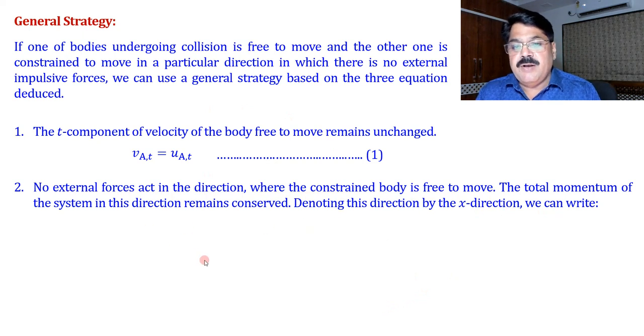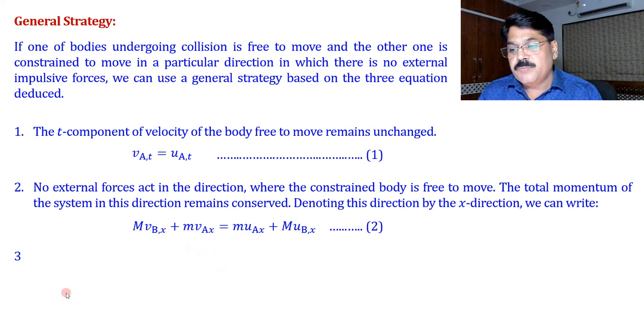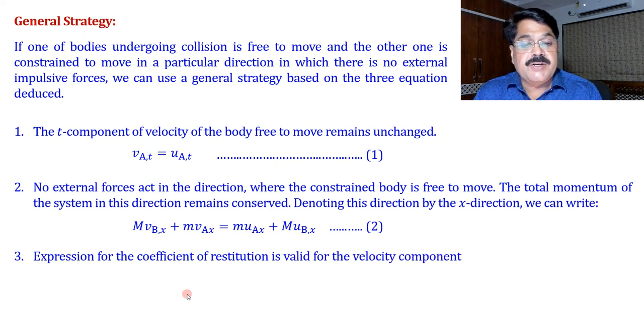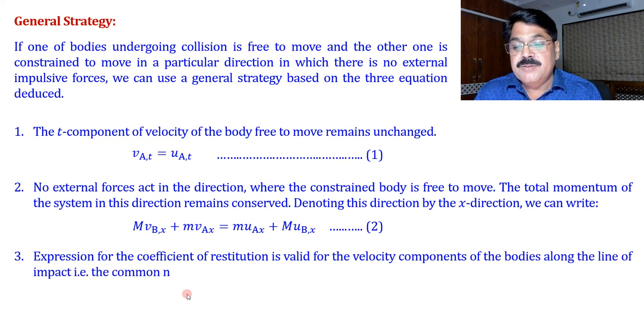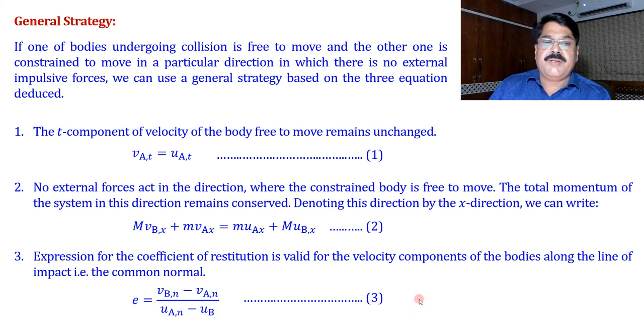In this direction, we write conservation of momentum: M VBx plus small m Vx is equal to small m Ux plus capital M UBx. Third, the expression for the coefficient of restitution is valid for the velocity components of the bodies along the line of impact, that is the common normal. So we write e is equal to (VBN minus VAN) upon (UAN minus UBN). Again, please see it is UBN. That is equation number 3.